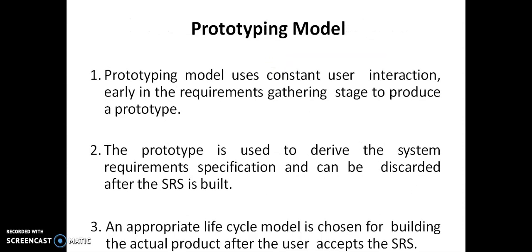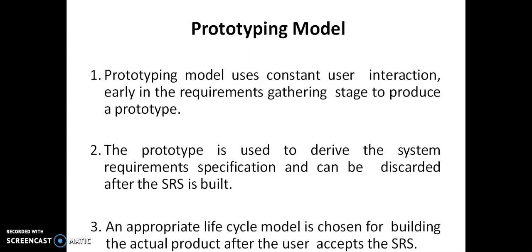To adapt to these changes, we have two models. One is the prototyping model, the other one is the rapid application development model. The prototyping model uses constant user interaction early in the requirements gathering stage to produce a prototype. A prototype is nothing but a working model of the software development project. So with the help of a prototype, we build a model, and from the model we develop the specification.